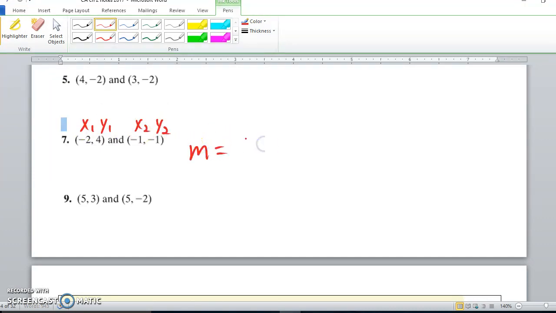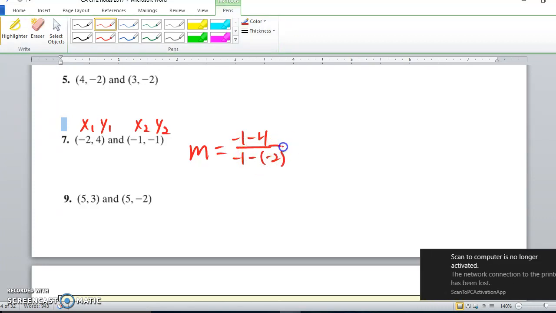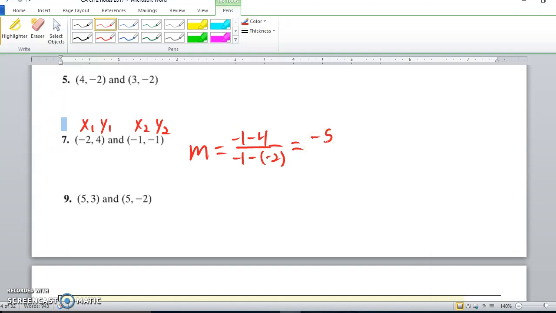So m equals -1 minus 4 over -1 minus -2. So on top, we're going to get -5, all over -1 plus 2.